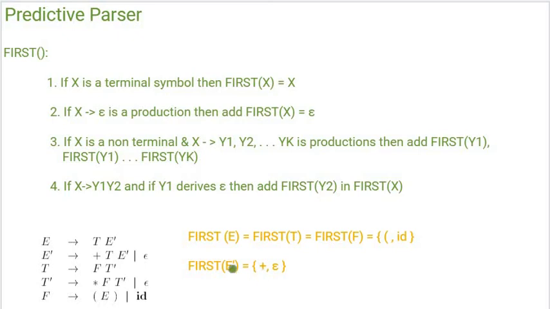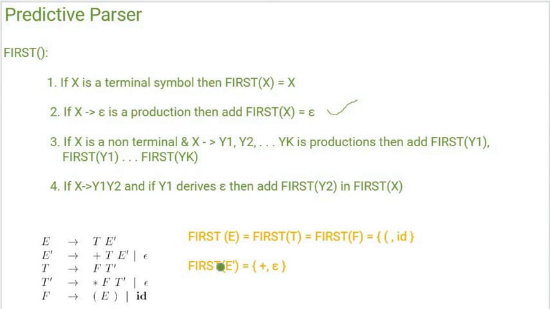Obviously it will be plus, because first of a terminal will always be the terminal. Then what about first of epsilon? We have a second rule, right? What our second rule says is that first of epsilon will contain epsilon. So first of epsilon is epsilon. So plus and epsilon are the results of first of E dash.